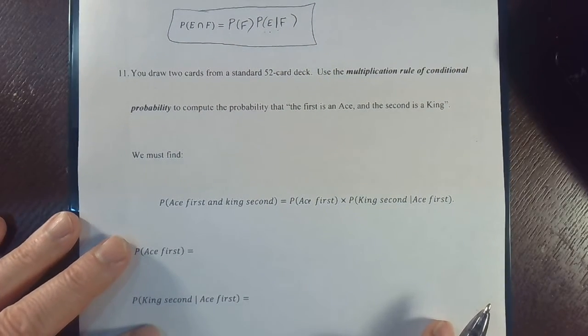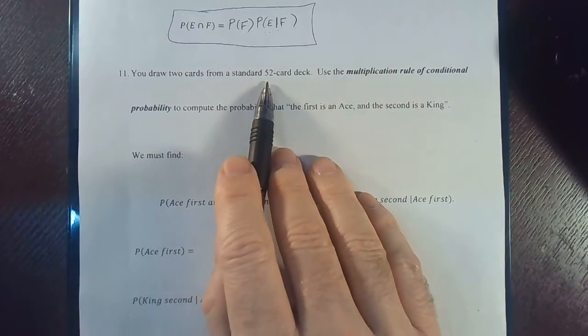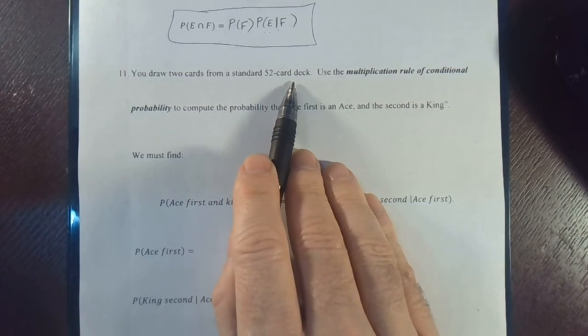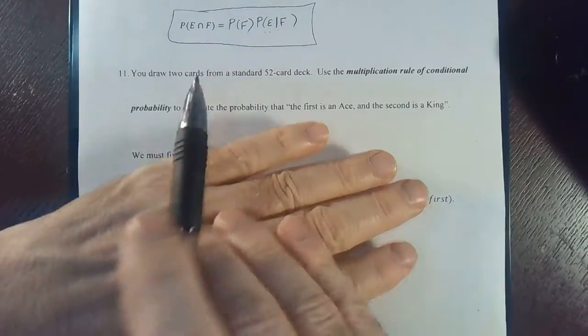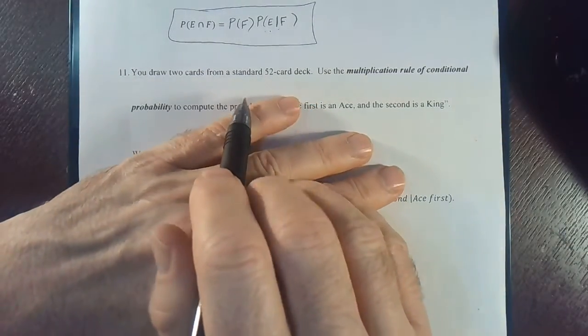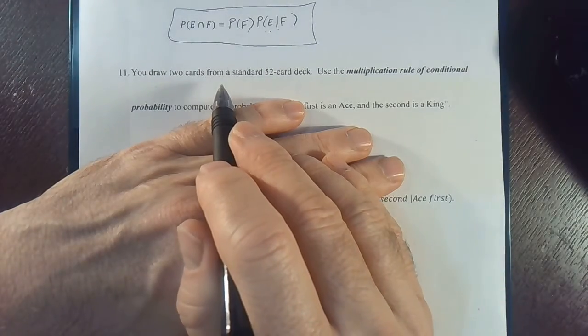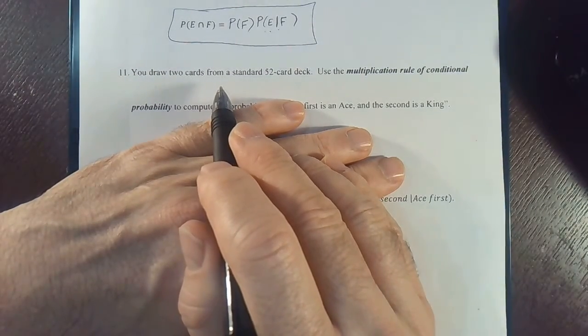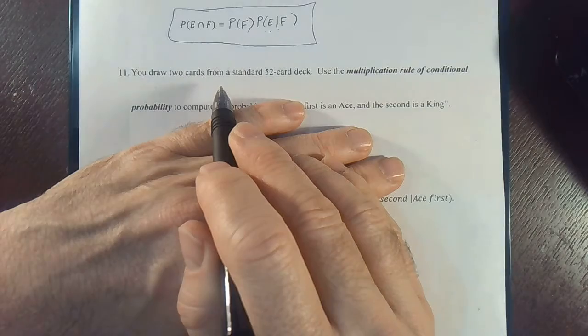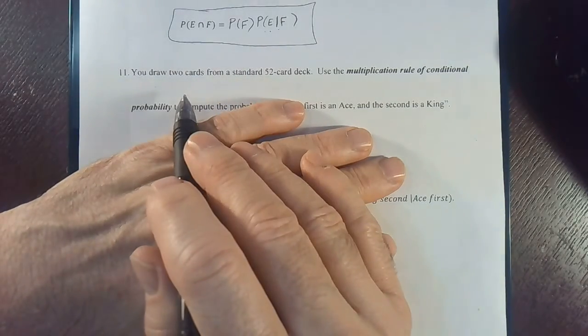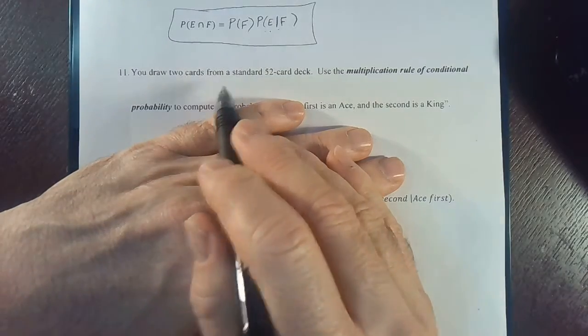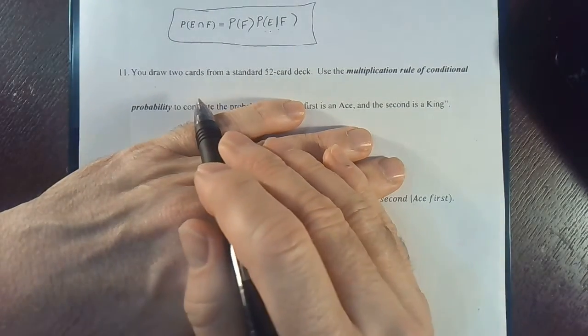In this example, we're going to draw 2 cards from a standard 52 card deck. Before I move on, I'm going to ask a couple of questions. If I draw 2 cards, what's the probability that the first one is the 7 of diamonds? Well, it's 1 out of 52 cards. Let me start over with a brand new question.